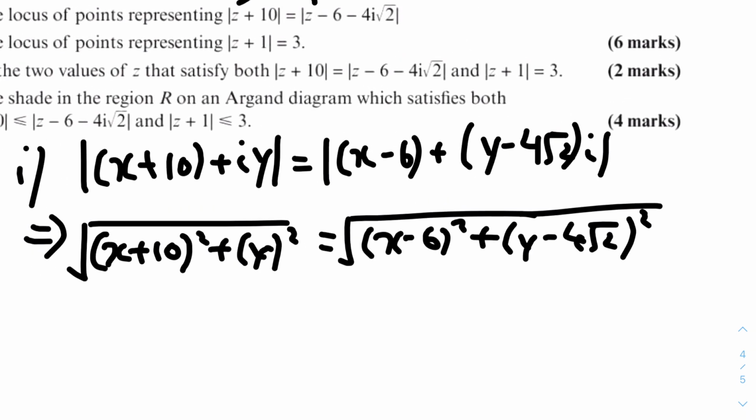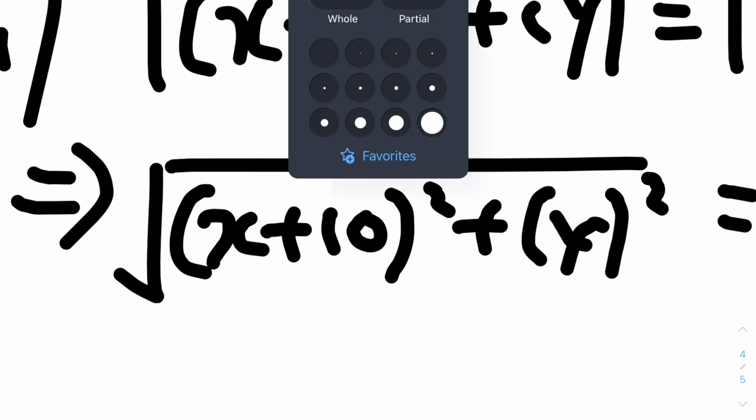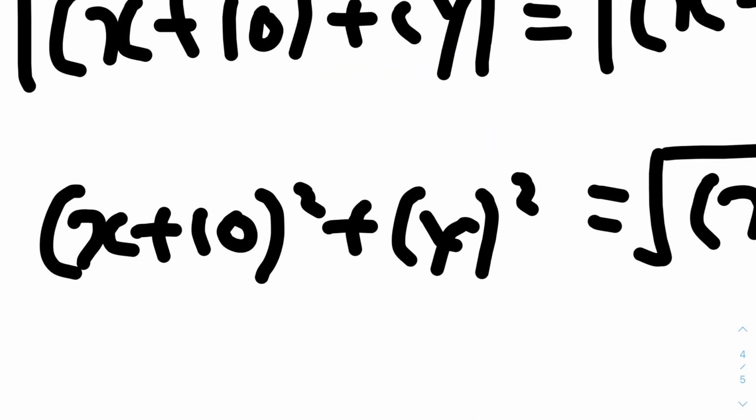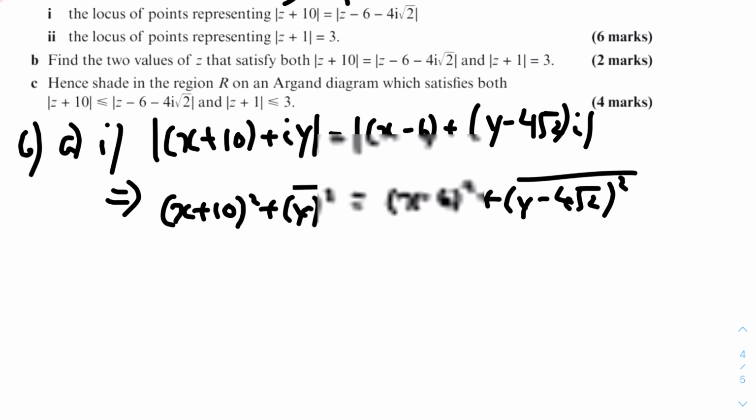What we can do is just get rid of the square root symbols, or the radical symbols to be exact. So it'll be like this, right? Like so. So from now, we can basically just rearrange the equation and just cancel some terms.